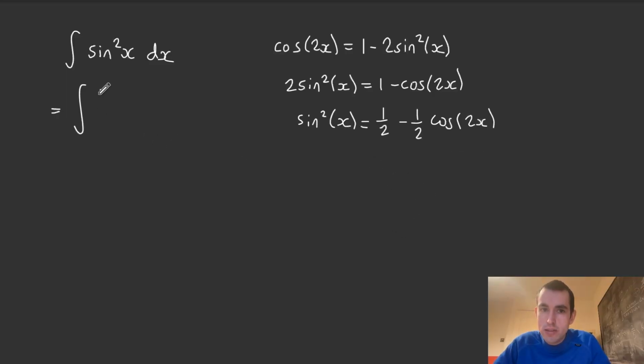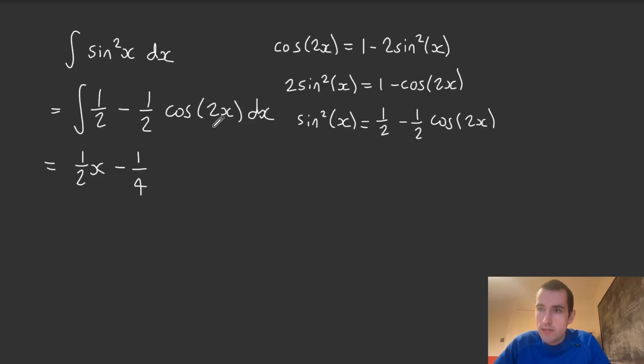So the integral of sine squared will be the integral of 1/2 minus 1/2 cos 2x. The integral of a half is half x, and the integral of cos 2x is sine 2x over 2, so a half times a half, giving 1/4 sine 2x plus c.